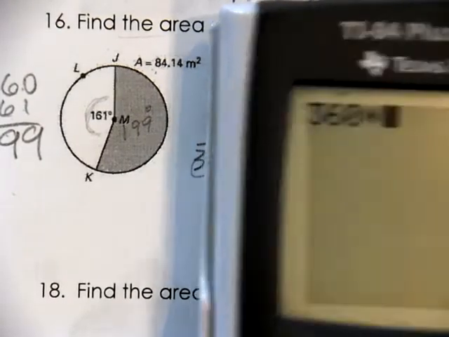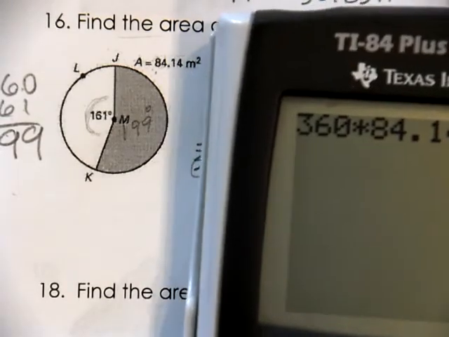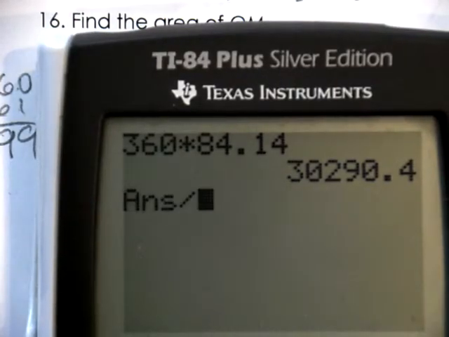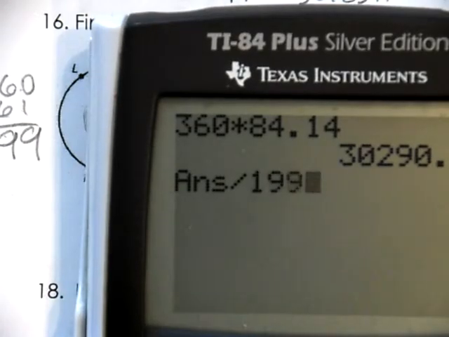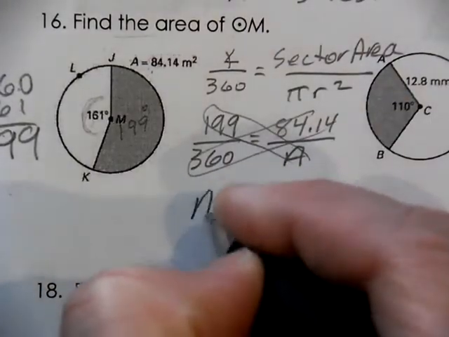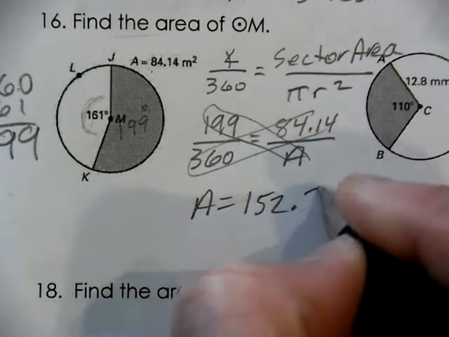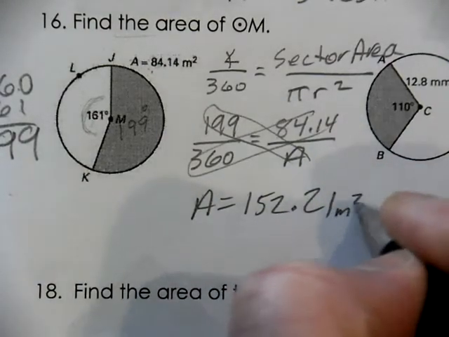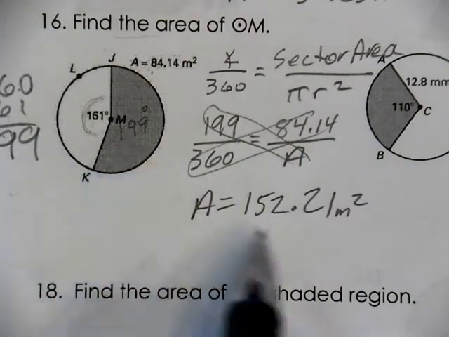So 360 times 84.14. And we got some big number, and we're going to divide that by 199. We got 152.21. This is area, so it's meters squared. It should be more than what part of the pizza was. It's the whole pizza now.